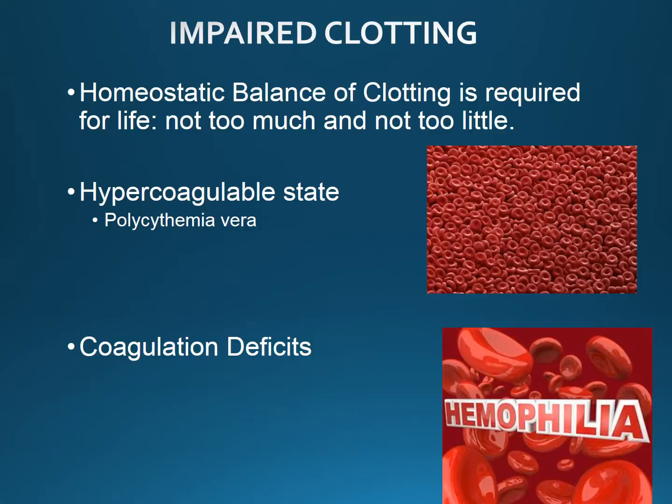An inherited deficiency of coagulation factor VIII is characterized by the tendency of spontaneous or exaggerated post-traumatic hemorrhage. Inherited as an X-linked recessive disease, hemophilia A is the most common type of hemophilia, occurring in about 1 in every 10,000 male births.